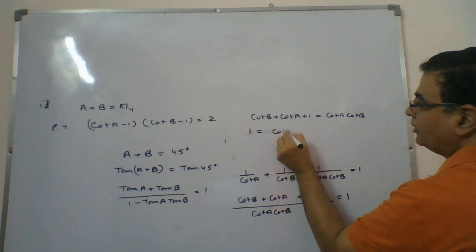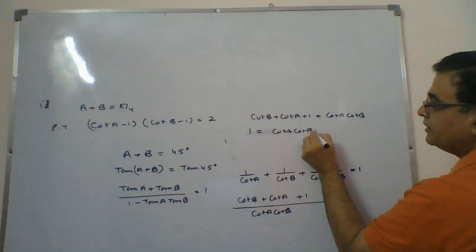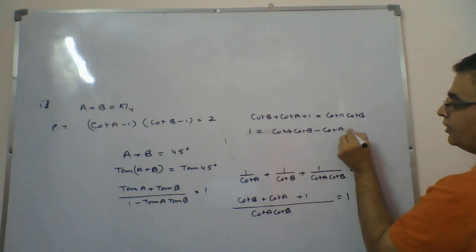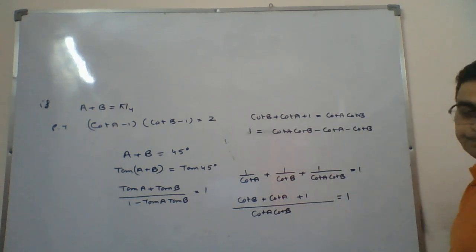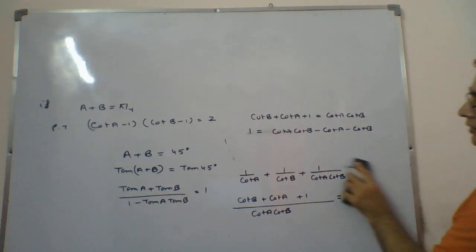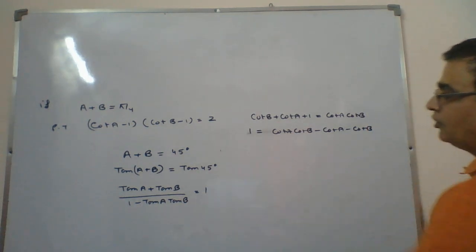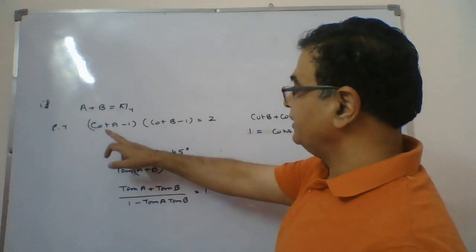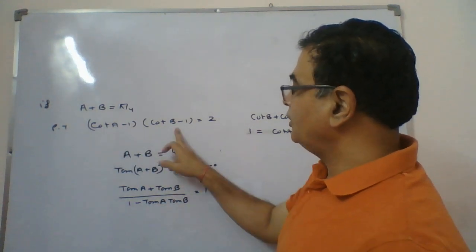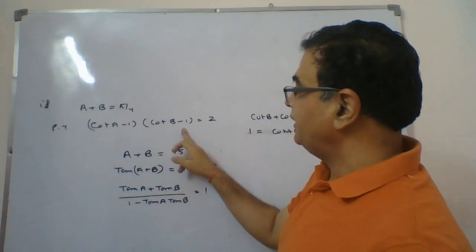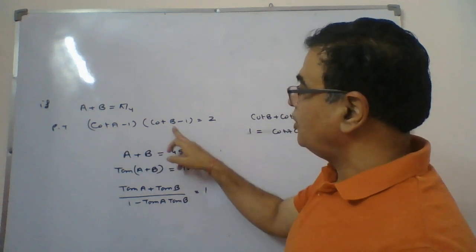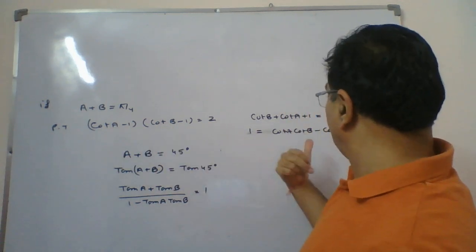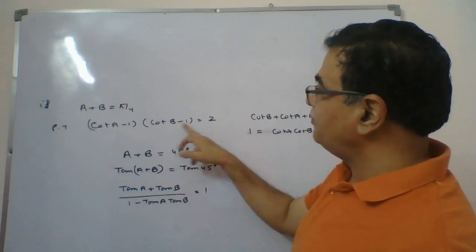This will be cot A cot B minus cot A minus cot B. You will write this way. All the terms of cot on one side and 1 we take on the other side. Now if you solve it, just check here. Cot A cot B. This is cot A into minus 1 minus cot A minus cot B plus cot A cot B is here, and then we need plus 1.